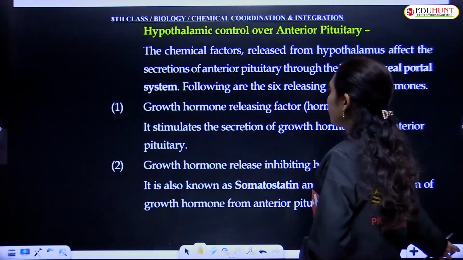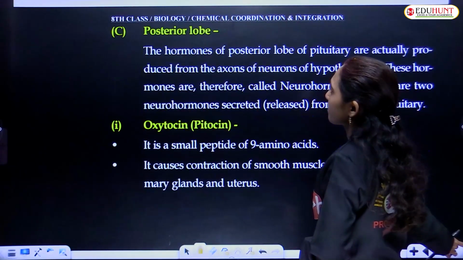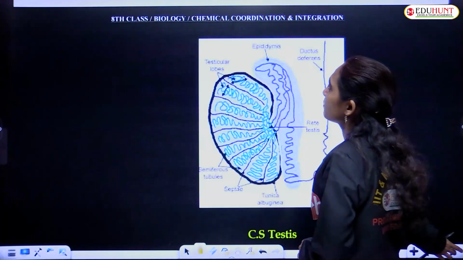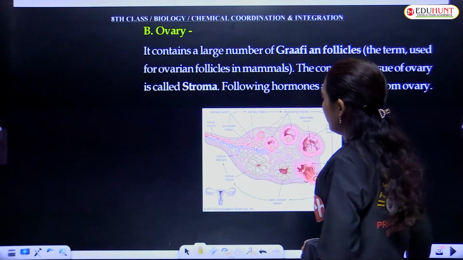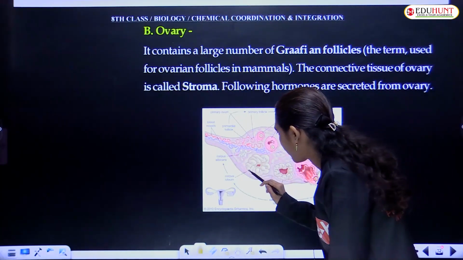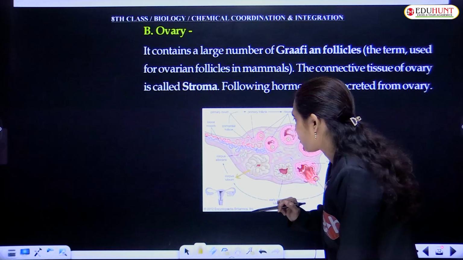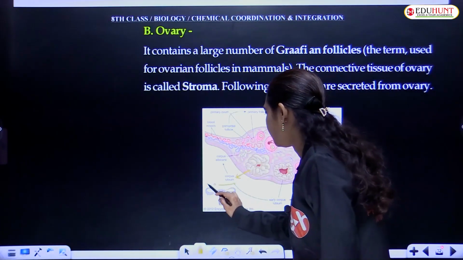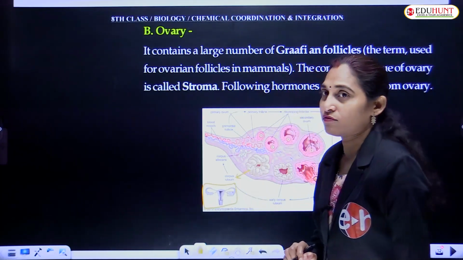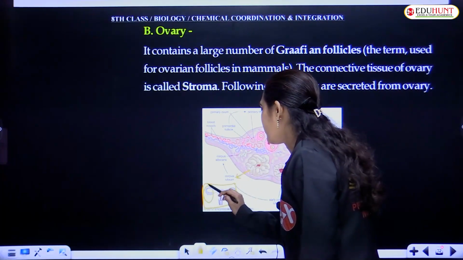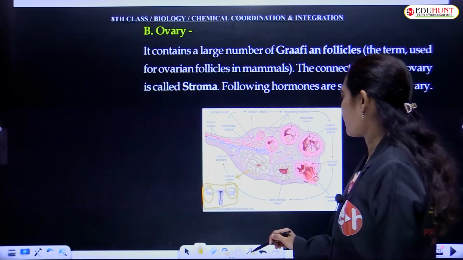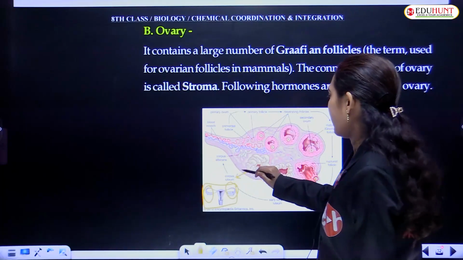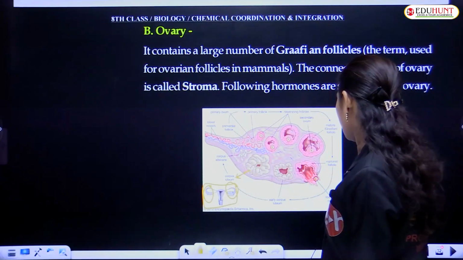I'll show you where the corpus luteum is. It is present in the ovary. Yes, this is the corpus luteum. The entire structure is the ovary. In the female reproductive system, two ovaries, left and right, are present. Only a single ovary is enlarged here, and this is the corpus luteum.